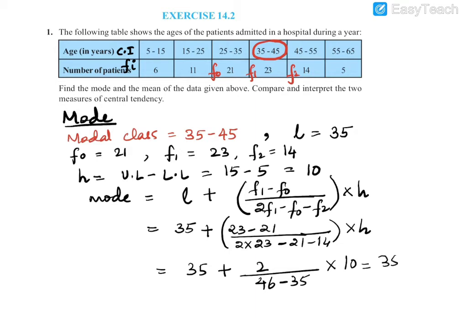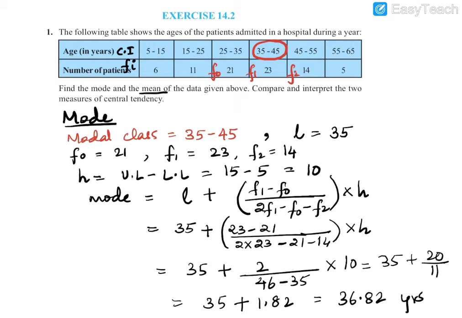That is 35 plus 20 divided by 11. 20 on 11 is 1.82. So on adding we get 36.82 years.